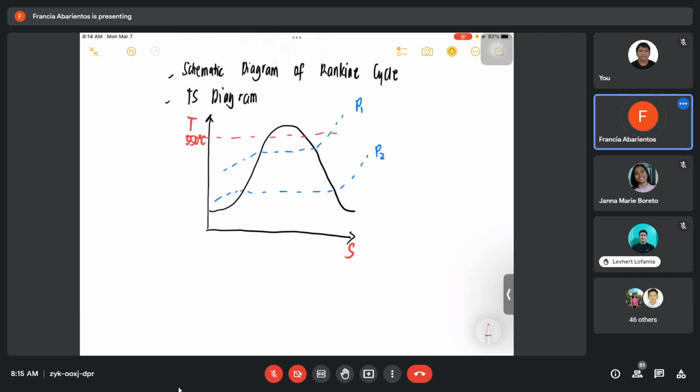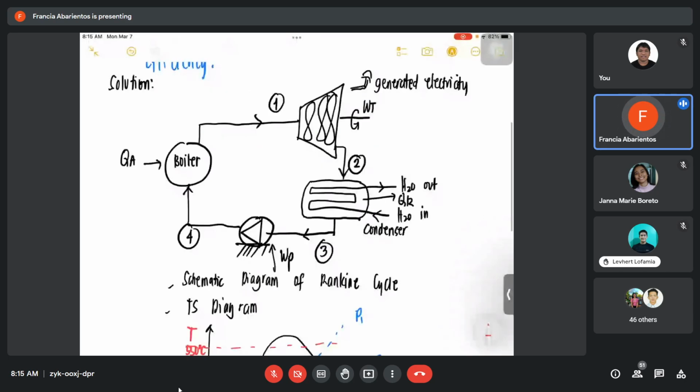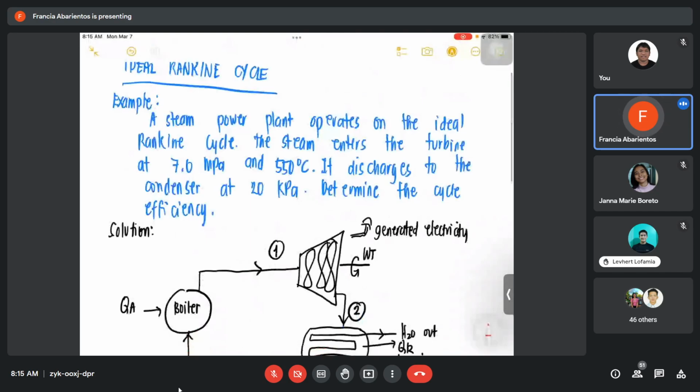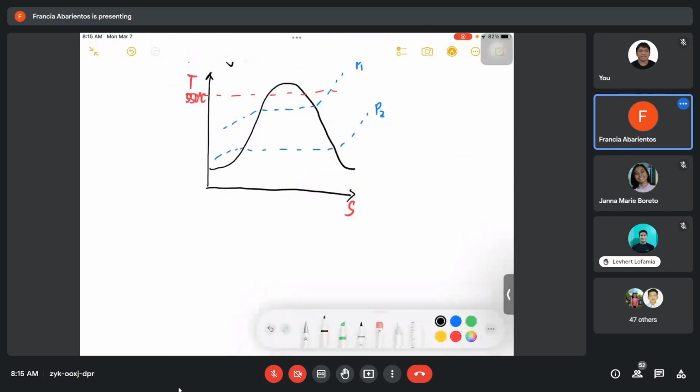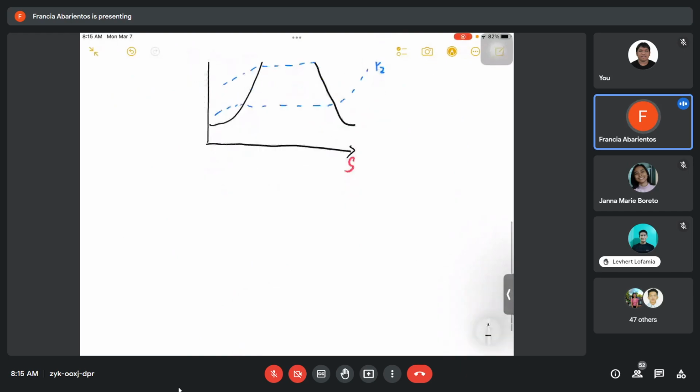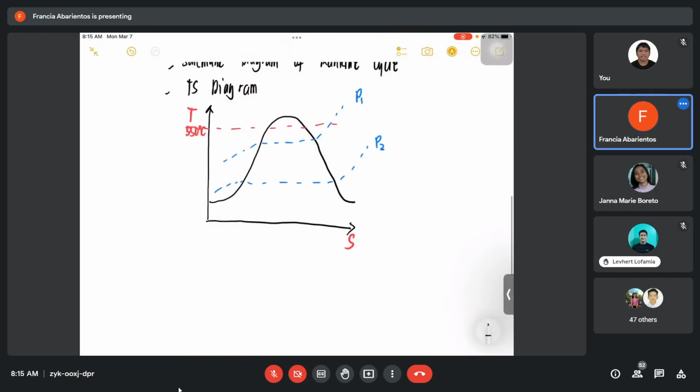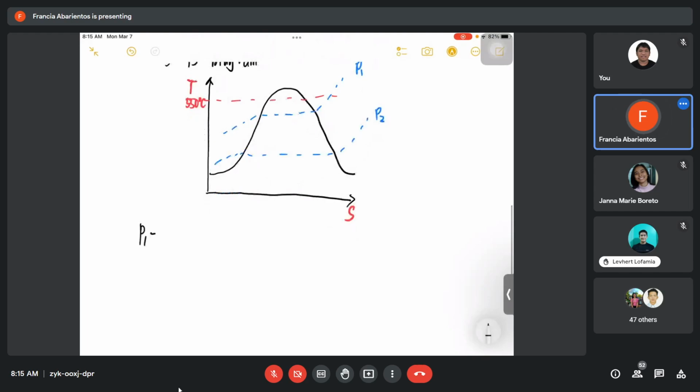Before drawing the TS diagram, we need to consider what is given in the problem, that is 7 MPa and 550 degrees Celsius. Ang given sa atin, mamaya i-continue natin. Temperature at 1 is 550.